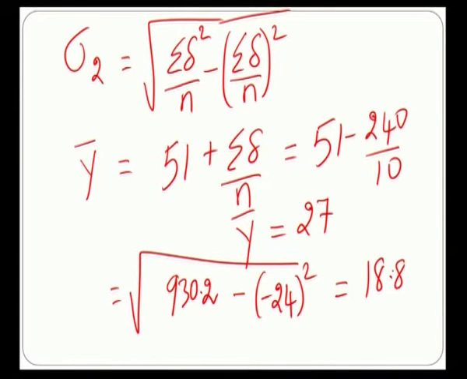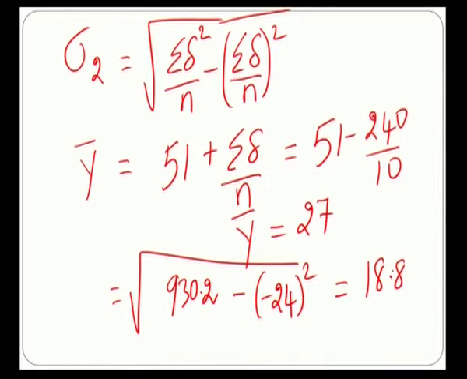So, standard deviation of batsman B is 18.8. Go for the coefficient of variation for batsman B. The coefficient of variation for batsman B is 69.6. So, the coefficient of variation for batsman B is 69.6.